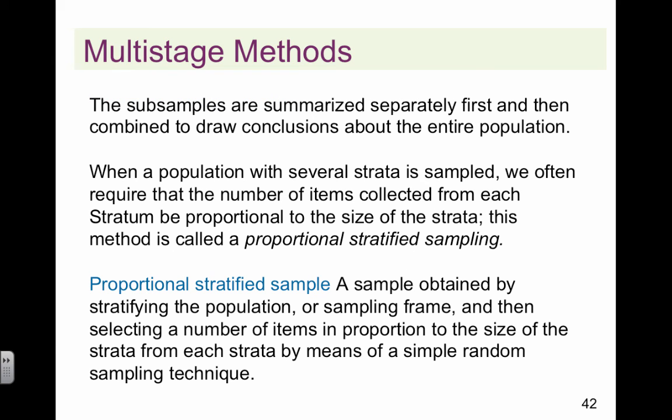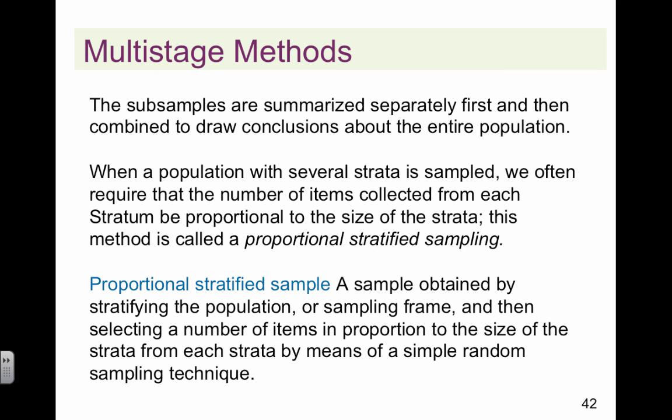So the subsamples are summarized. That would be like separating the population of Bishop McCourt into freshmen, sophomores, juniors, and seniors, and then picking a group from each grade. That is a stratified sample.